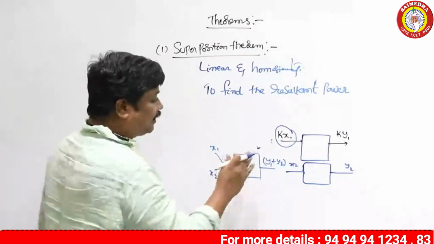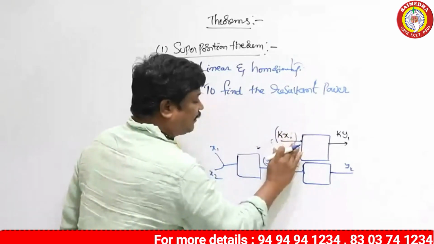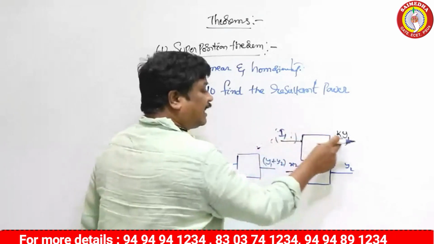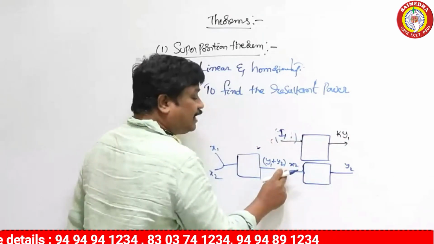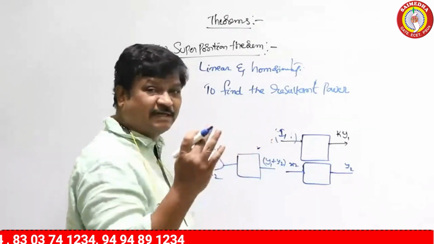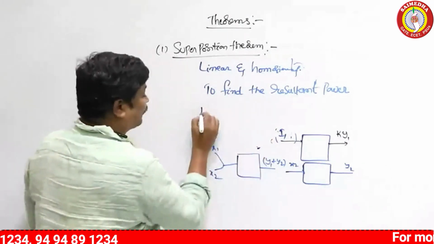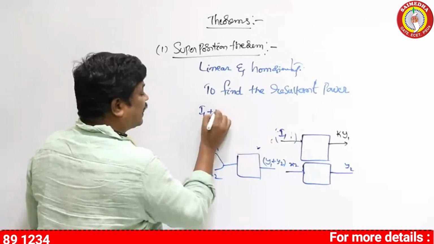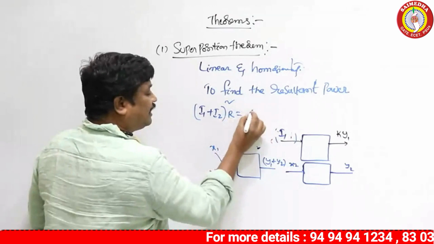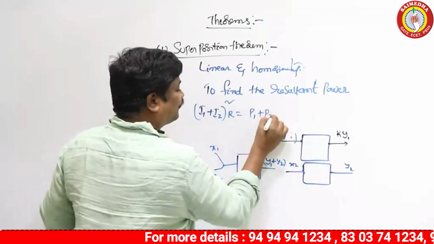For example, if I give a current I1 here, due to I1 I get some response. If I give I2 here, due to this I2 I get a response. What is the resultant? (I1 plus I2) whole square into R, is it equal to P1 plus P2?